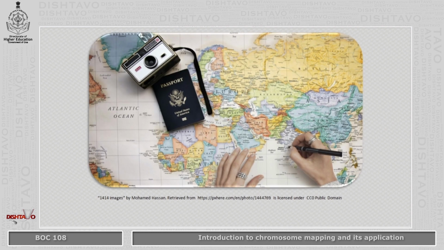In daily life, when we go to an unfamiliar place, we make use of maps. Maps help us in spatial thinking. That is, they show us the exact location of a place, and also the location of a place in relation to other places. A similar concept is used in chromosome mapping as well.